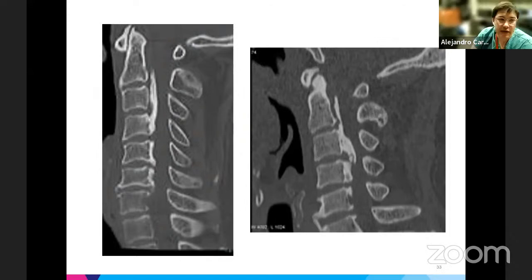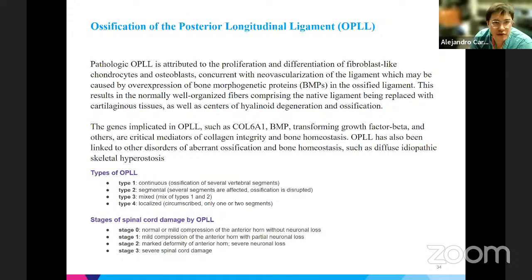Yep, correct. Ossification of the posterior longitudinal ligament is attributed to proliferation and differentiation of fibroblast-like chondrocytes and osteoblasts, which may be caused by overexpression of bone morphogenetic proteins in the ossified ligament. And so rather than well-organized fibers, you get this cartilaginous tissue with centers of hyalinoid degeneration and ossification.